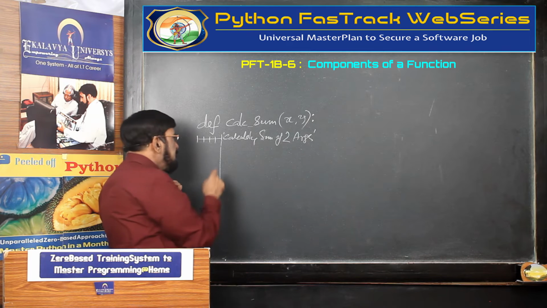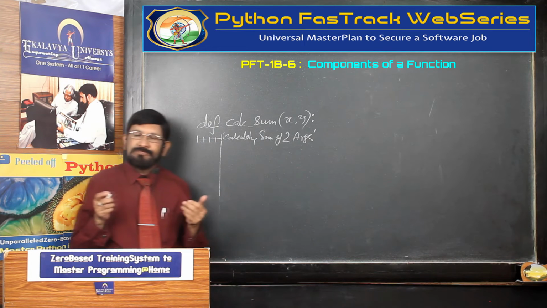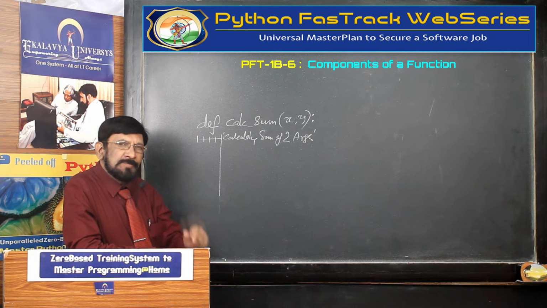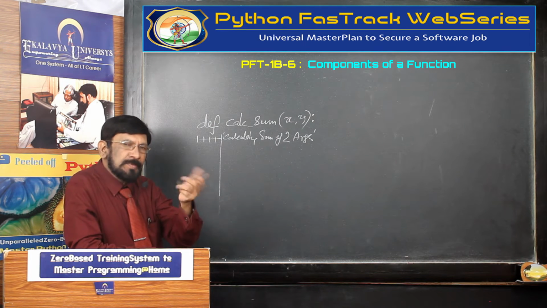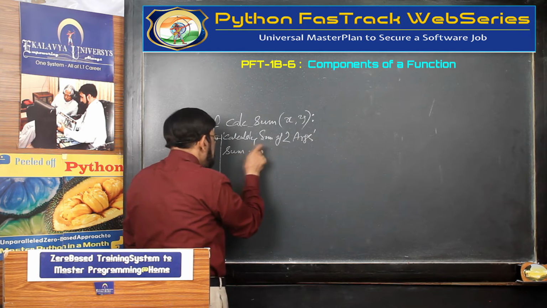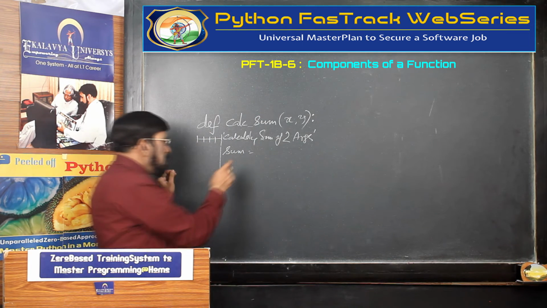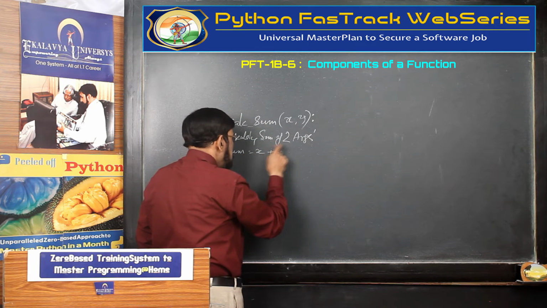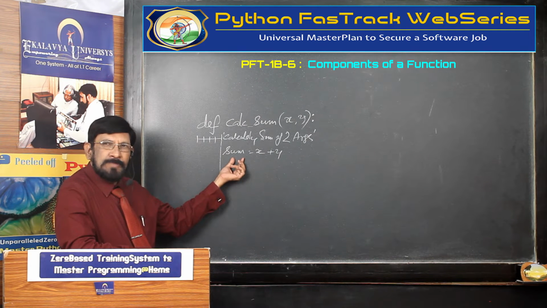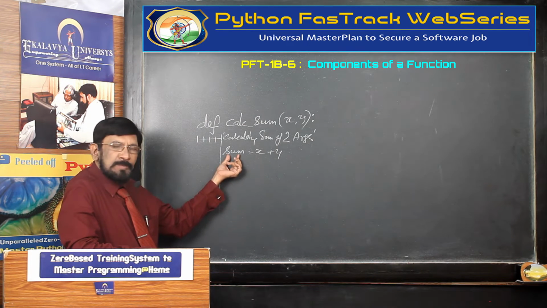Okay. Thereafter, we have to calculate the sum. Once you calculate and derive a value, it should be stored in a certain variable. So, one meaningful name we give: sum. Then, what is the formula? x plus y. You are writing. So, this is the local variable. Why are you calling it a local variable?